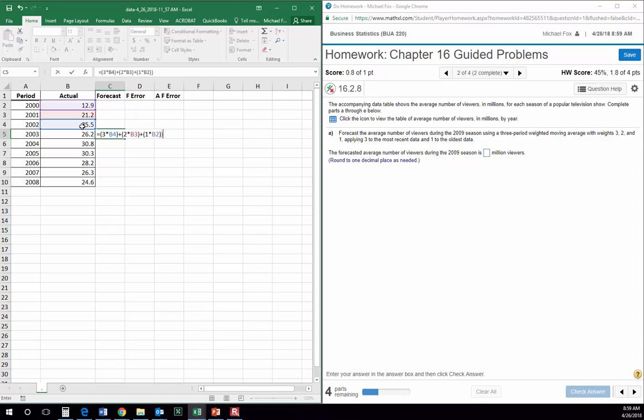And then we're going to divide all of this by the sum of the weights. So if we had a weight of 3 plus a weight of 2 plus a weight of 1 gives us a weight of 6. And that's how we forecast.